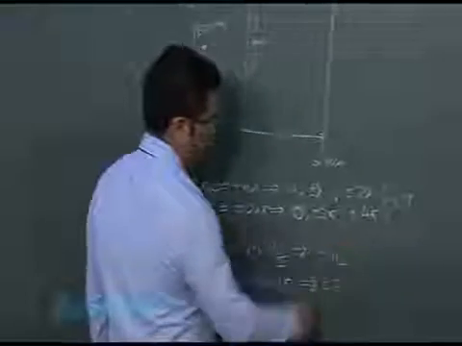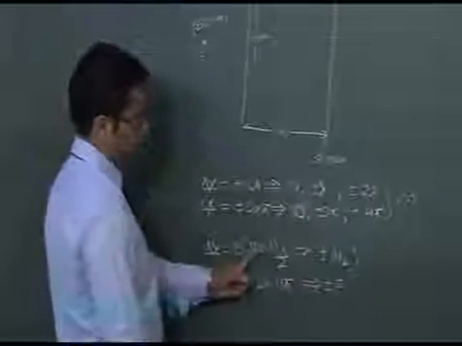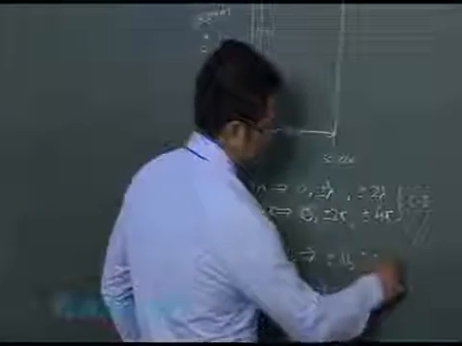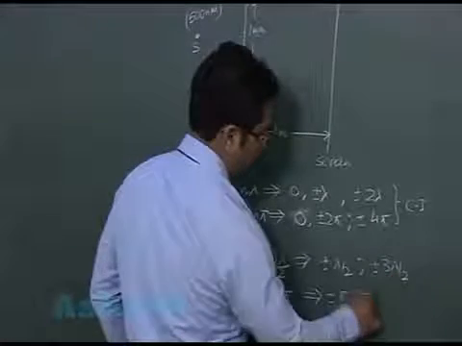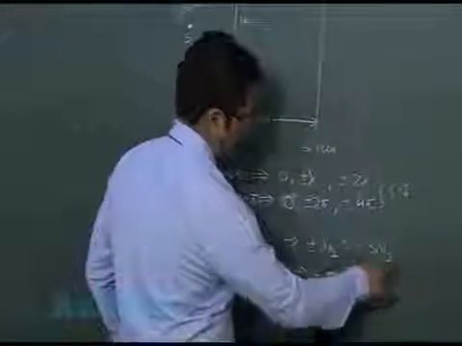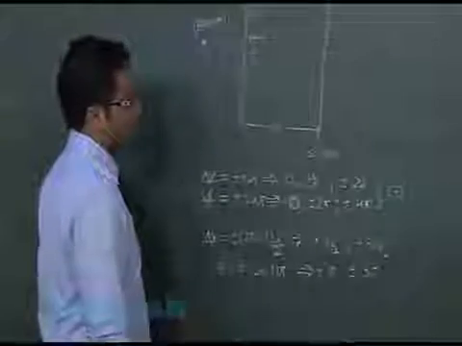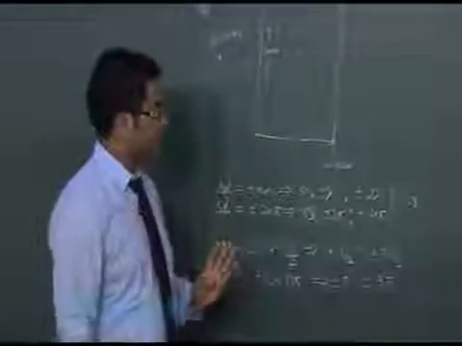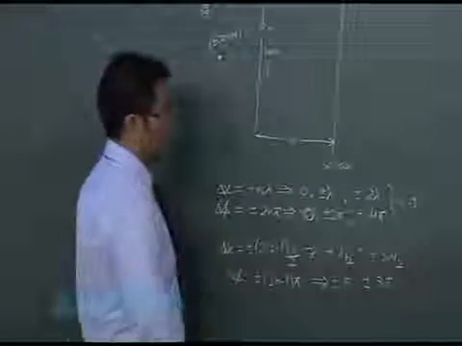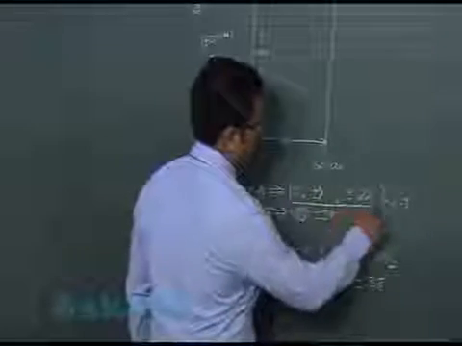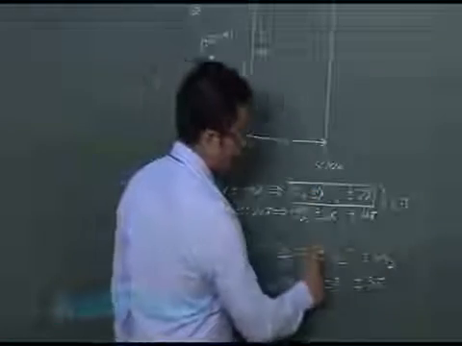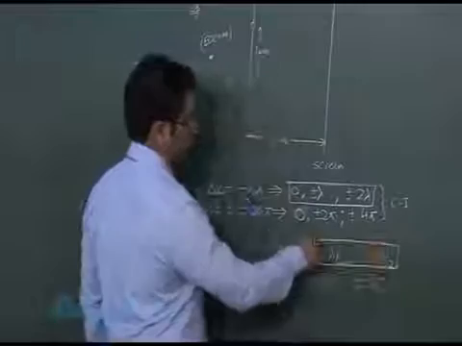If we put n as 2, you'll get plus minus 3 lambda by 2 and plus minus 3 pi. Now let's concentrate only on the path difference, because saying path difference and saying phase difference is equivalent.